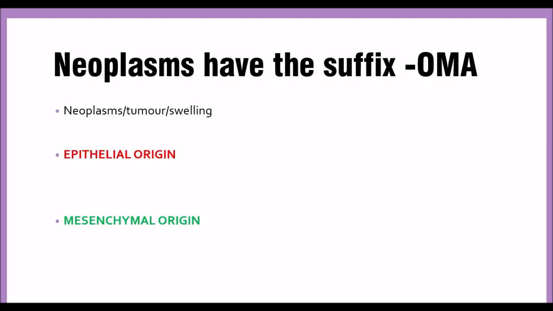Now, neoplasm will always have the suffix oma, which also means tumor, which also means swelling. And there's two different types of neoplasm based on which cells they come from. So if we have a malignant neoplasm, so a cancer that starts in the epithelial layer of our human body, that's called a carcinoma. And the word carcinoma itself is just another way of saying the Greek word karkinomos, crab, for cancer.